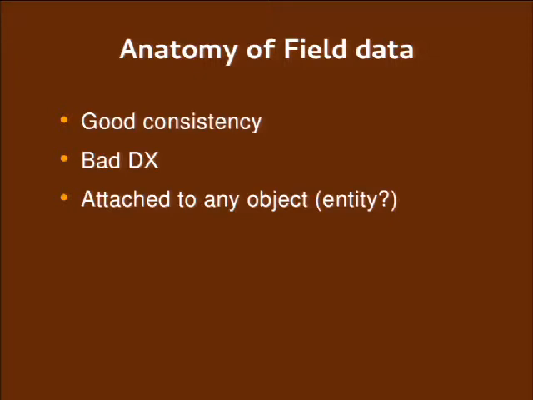It also brings us a very bad DX, because every time we need a field value, we need to specify which language it should be in. And not always we know which language we have to use. Or sometimes we never know.